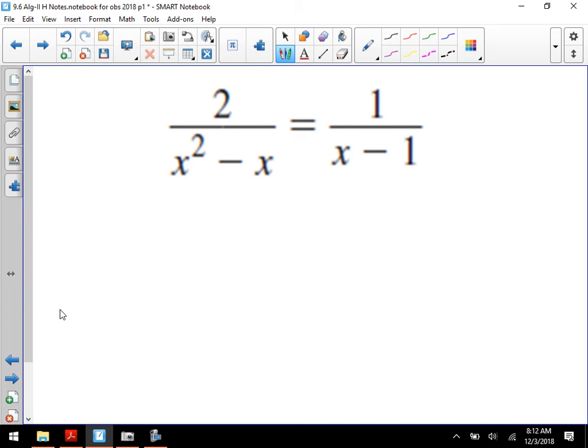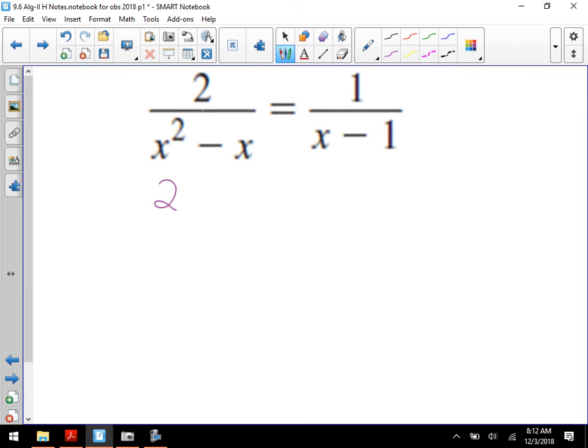So when you do this with the cross multiplying, we're going to get 2 times the quantity x minus 1 equals x squared minus x. 2x minus 2, x squared minus x. What side are you going to move everything to? You're going to move things to the left, or you're going to move things to the right? I'm going to move everything to the right this time. And why am I going to move things to the right? It's positive. Yep.